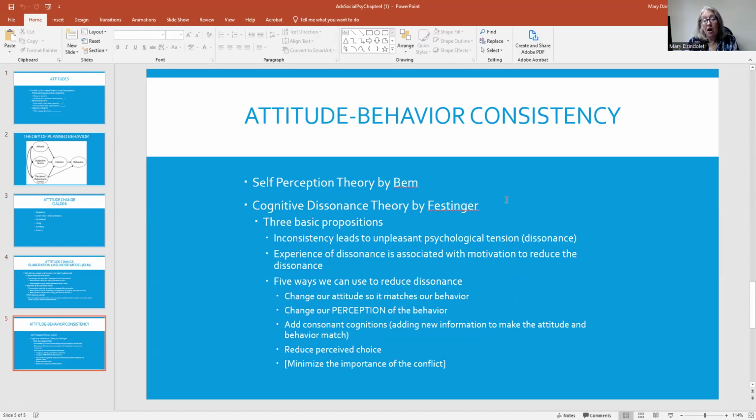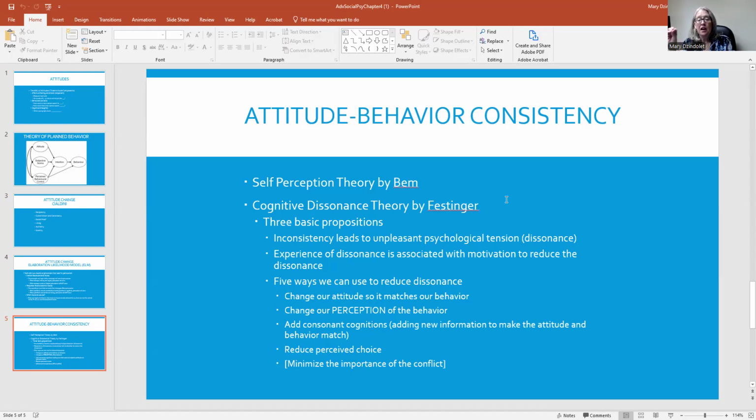There's another big model, another way of thinking about it, which is how our behaviors sometimes end up affecting our attitudes. So far we've spent a lot of time talking about how your thoughts and feelings can influence your behavior, like with the theory of planned behavior and the elaboration likelihood model.